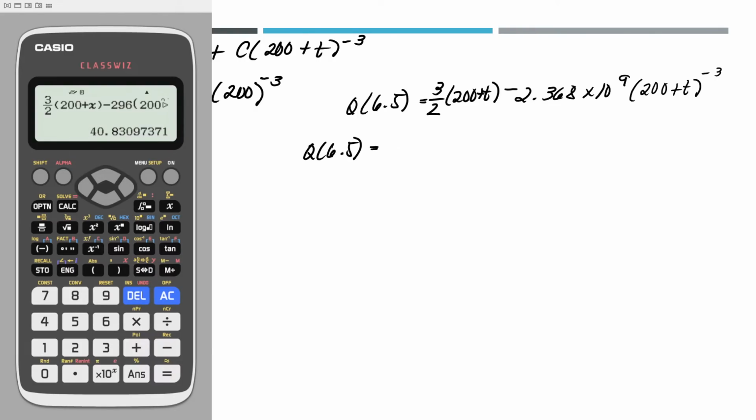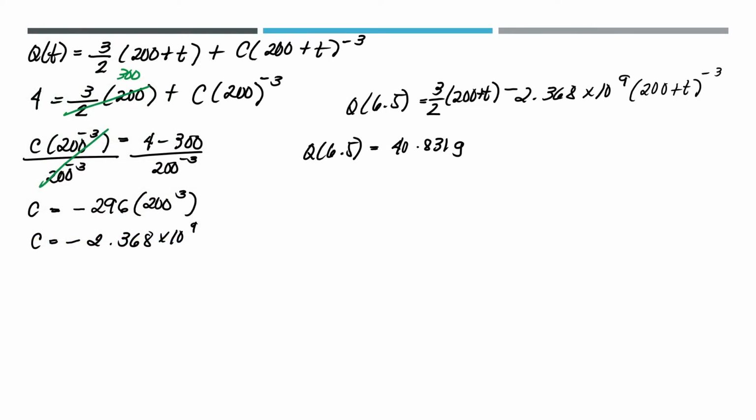No? So, we have our Q is equal to 40.831 grams, no, of salt. Okay, so, ayan. Okay, so this is our final answer. Okay, that's how we solve brine solutions, no?